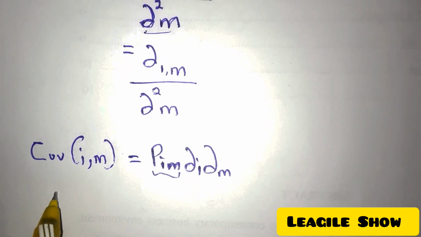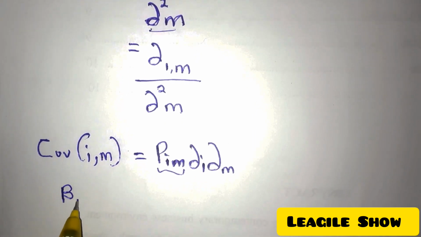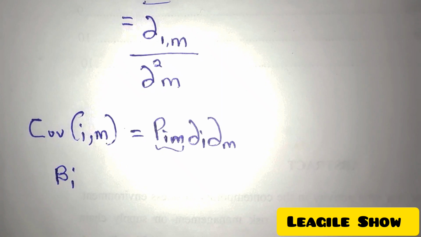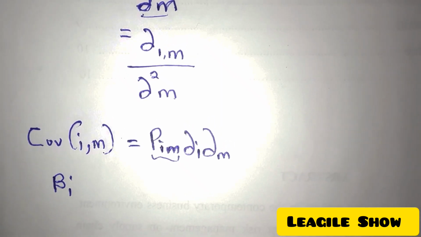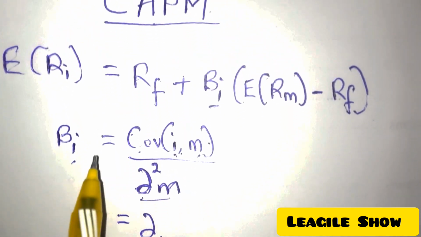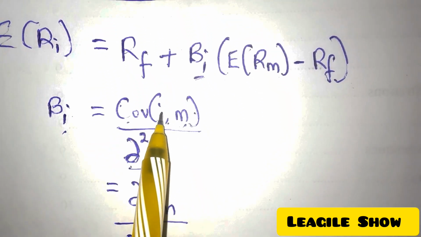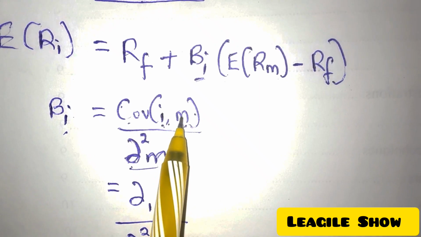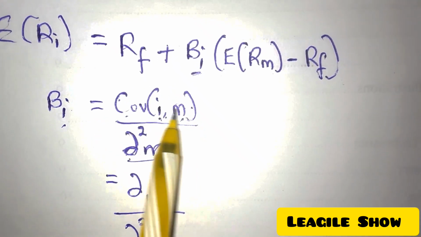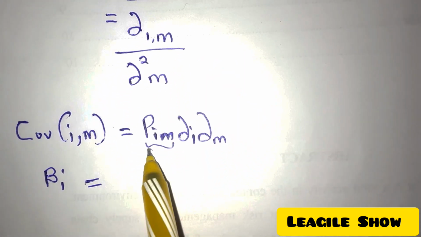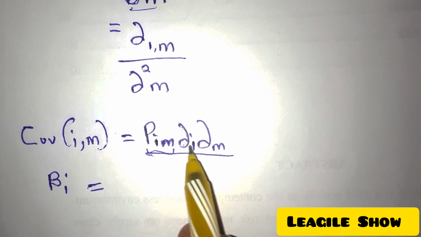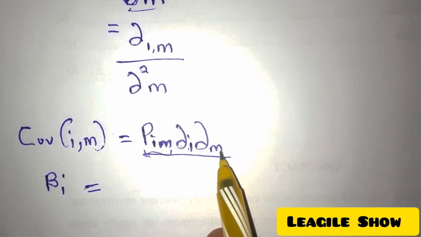Remember that we said the beta of that particular security will be given by the covariance between that security and that of the market. And we said this one, covariance im, is similar to the correlation coefficient im, sigma i, sigma m.